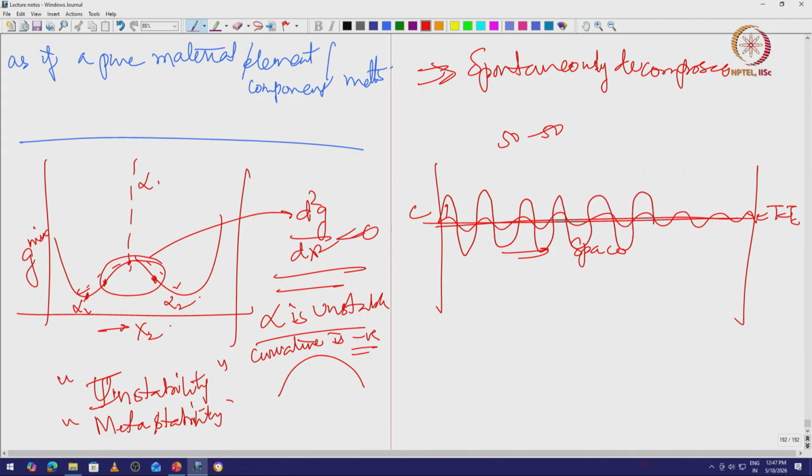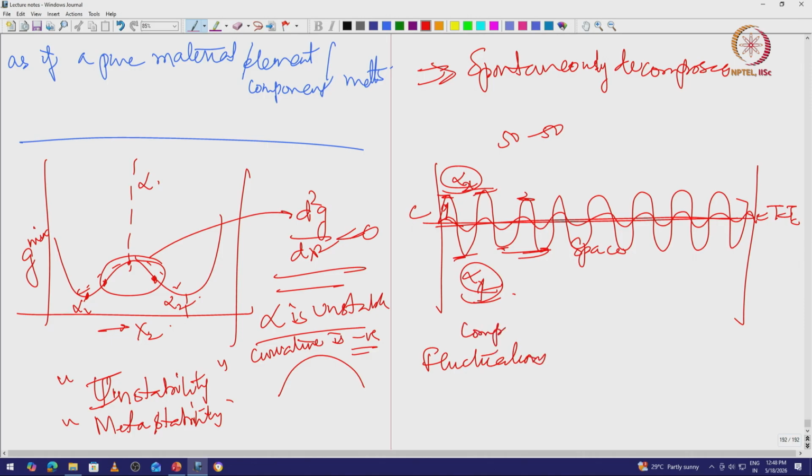So, this fluctuation starts to grow until I get this phase which is all alpha 1 and this phase which is all alpha 2, or this phase has the composition of alpha 1 and this phase has the composition of alpha 2, or the other way around. So, here alpha 2 has a higher composition and alpha 1 has a lower composition. So, first a fluctuation develops and this fluctuation just amplifies, compositional fluctuations amplify.